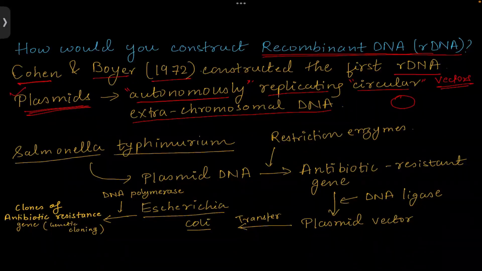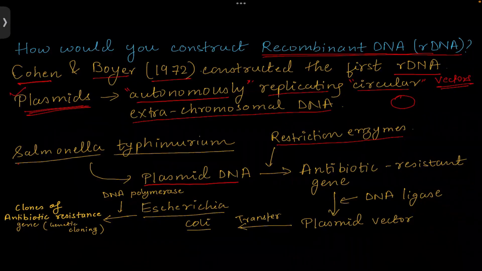So what Cohen and Boyer did, they took plasmid DNA from the bacteria Salmonella typhimurium and digested it, meaning they cut the plasmid DNA using restriction enzymes.